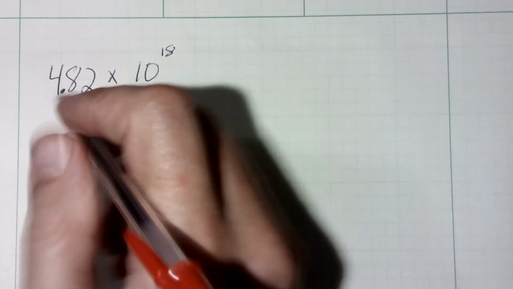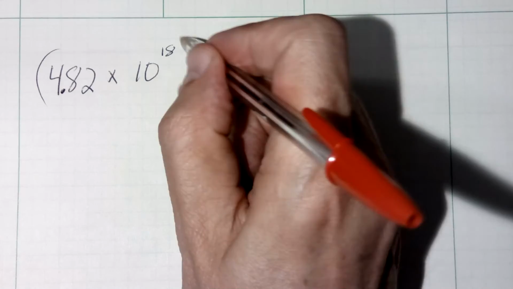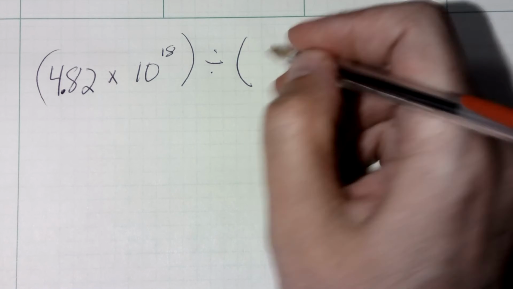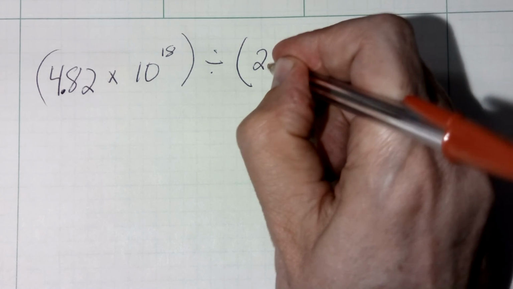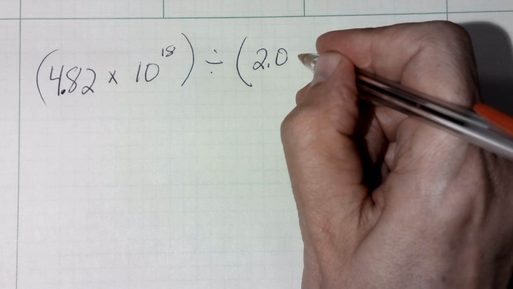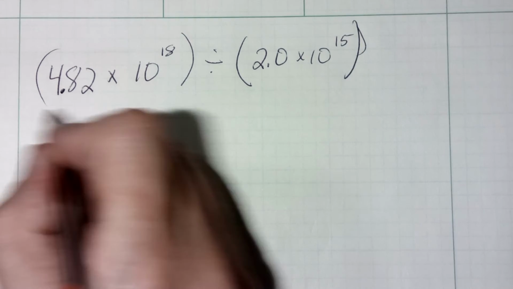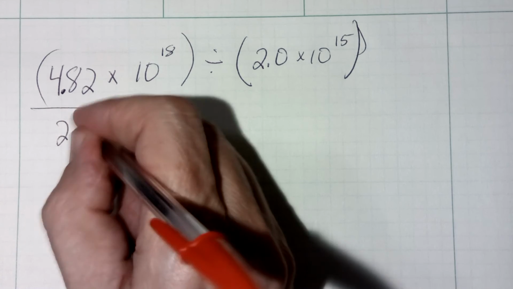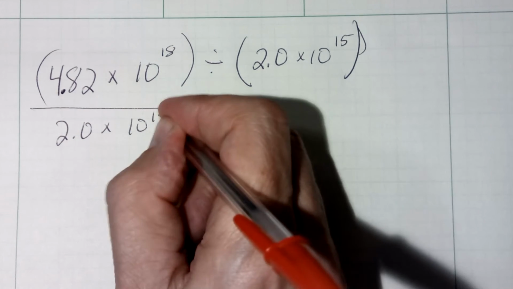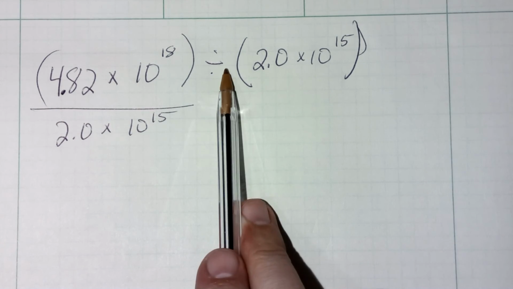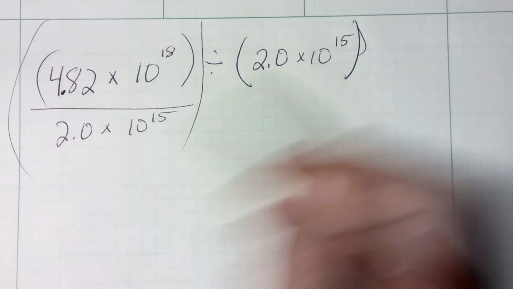A lot of times they won't write divided by, say, a simple one, 2.0 times 10 to the 15th. What they'll do is put it over 2.0 times 10 to the 15th. So rather than using this division symbol, they'll write it like this.